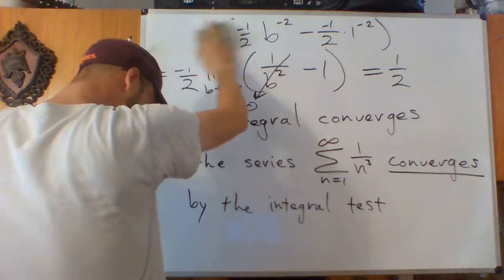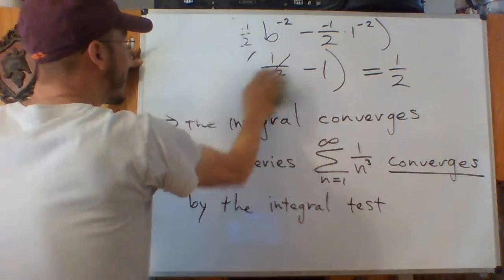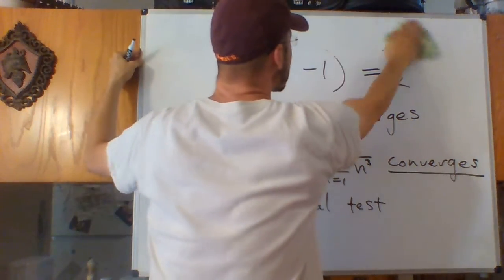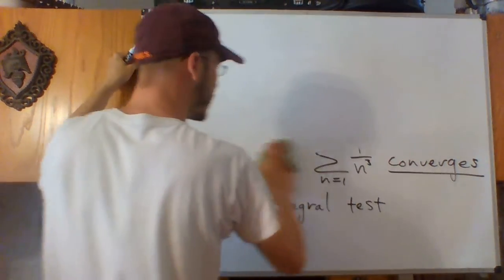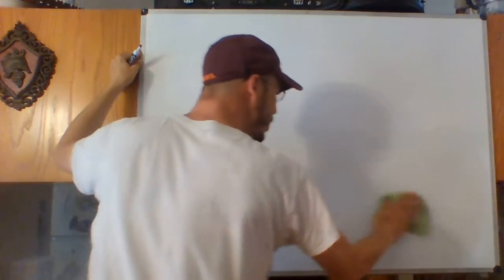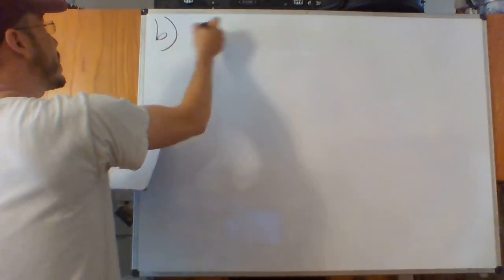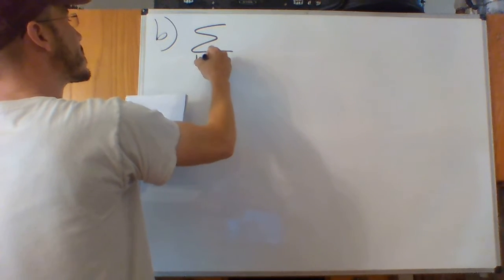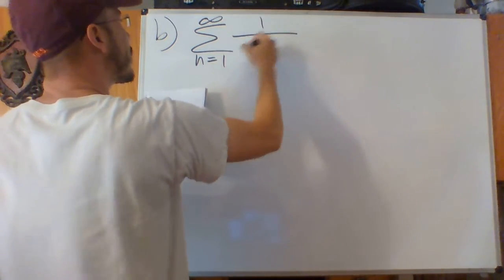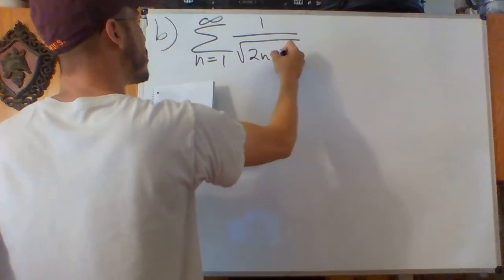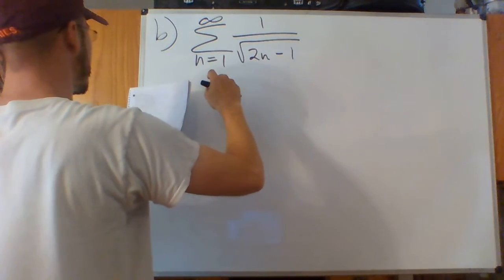Next, I'm going to get you started on part B of this example, and you can use the book and finish it up for practice. But part B has us using the series 1 over the square root of 2n minus 1.